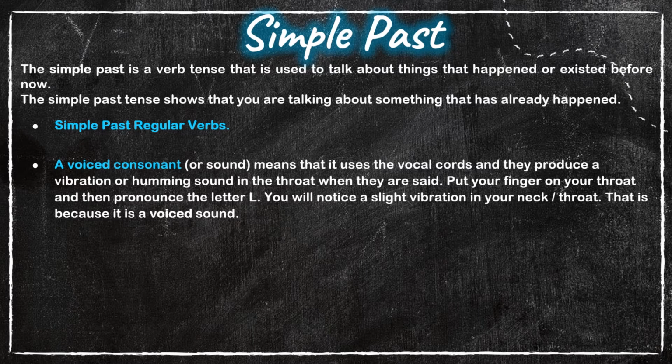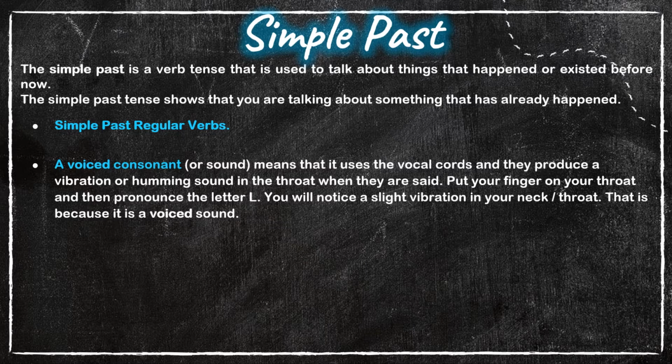Put your finger on your throat and then pronounce the letter L. Do it. L. L. If you notice, your vocal cords vibrate, a slight vibration in your neck, throat. That is because it is a voiced sound, right?